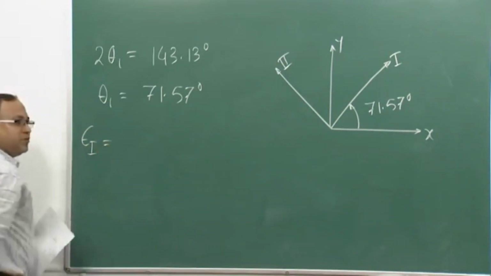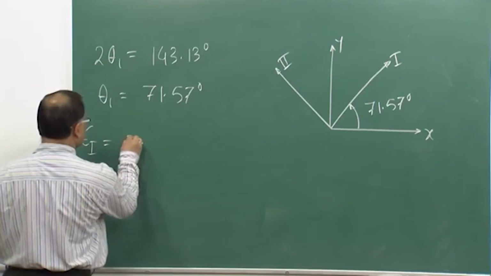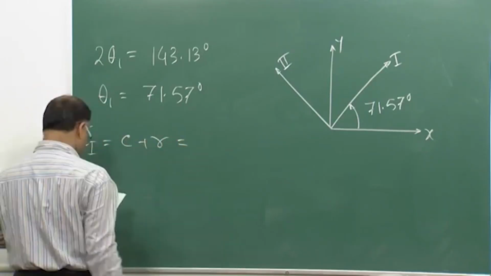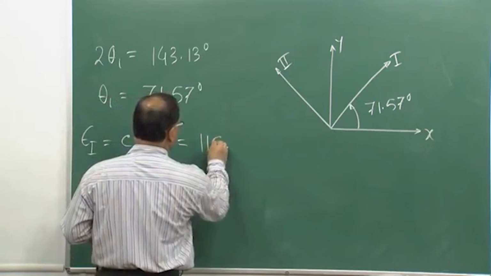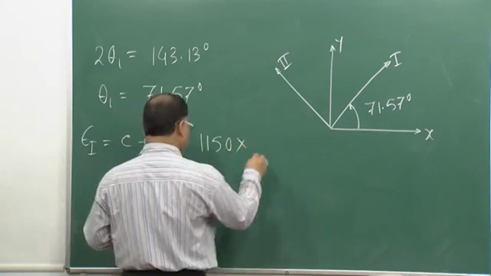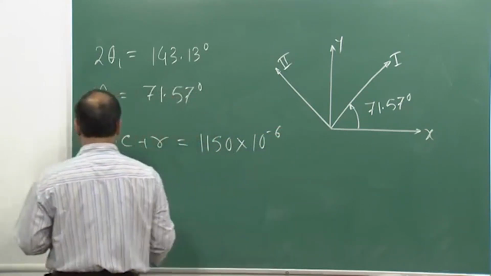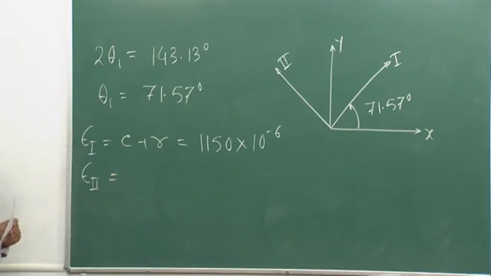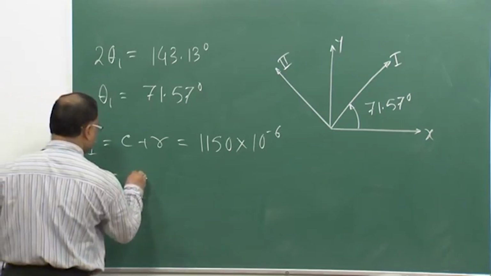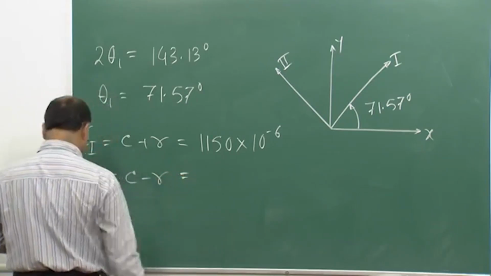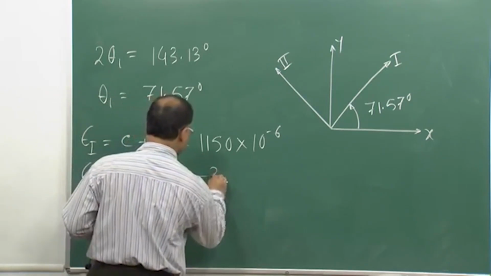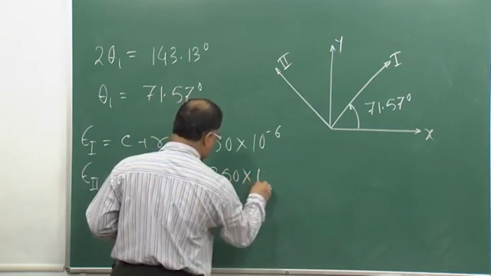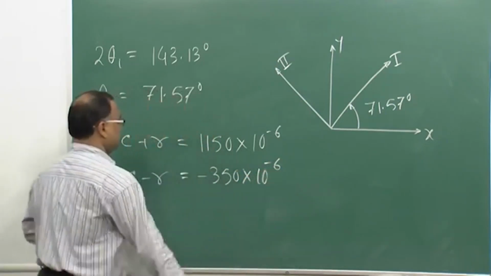Epsilon I, the major principal strain, is nothing but C plus R, that gives me 1150 into 10 to the power minus 6, and the minor principal strain is C minus R, that gives me minus 350 into 10 to the power minus 6.